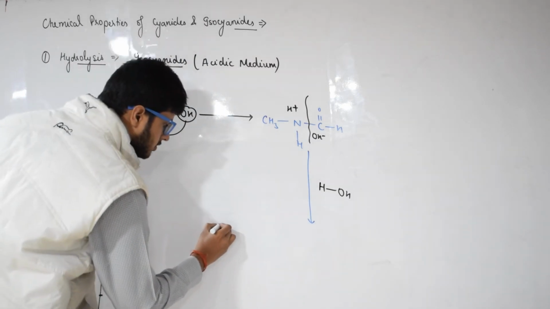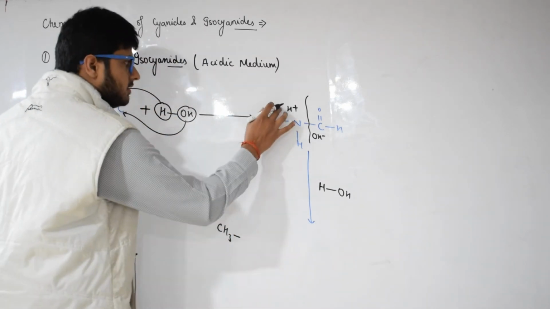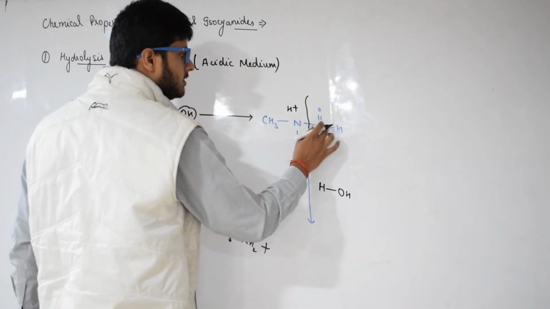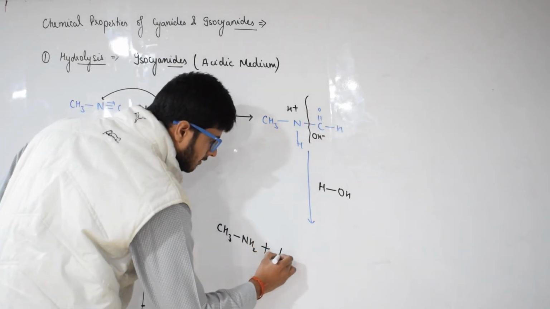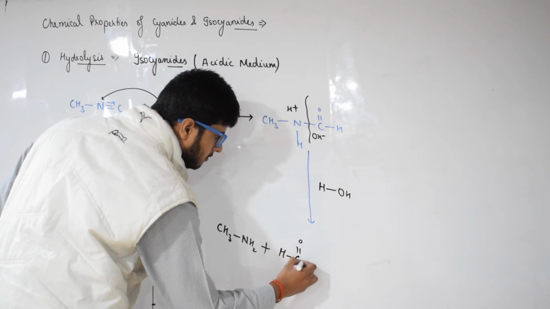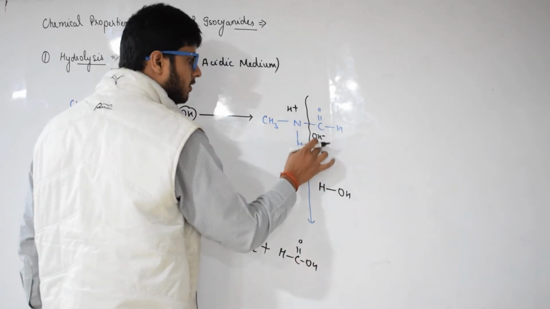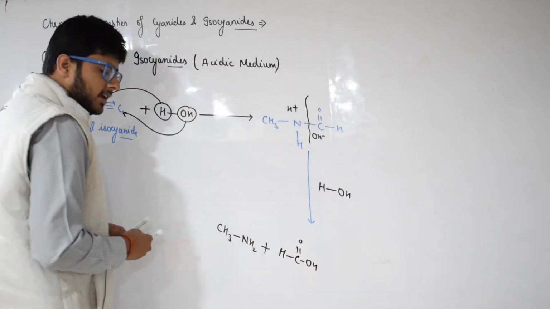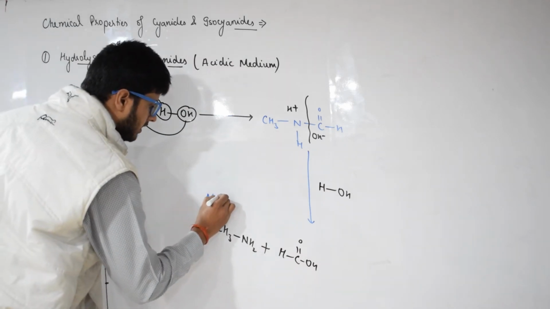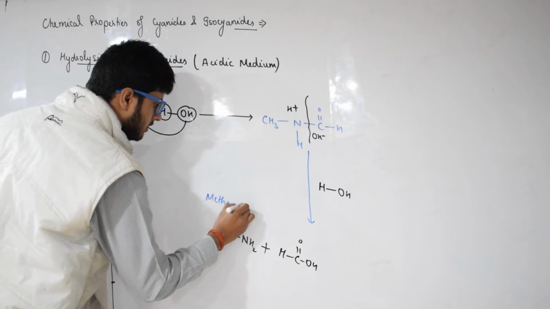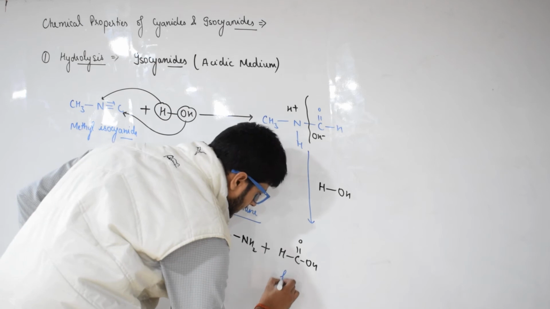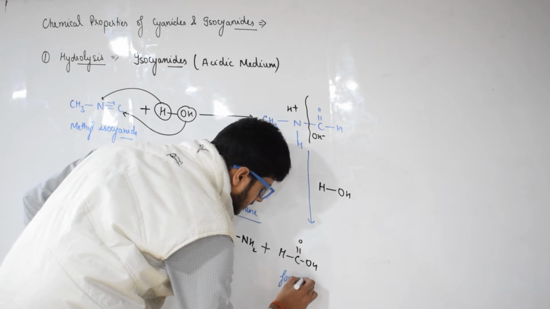So, it leads to the formation of CH3NH2, and further HC double bond OH, this is formic acid. This is an amine, and since a CH3 group is attached, it is called methanamine. And this is commonly called formic acid, or its IUPAC name is methanoic acid.